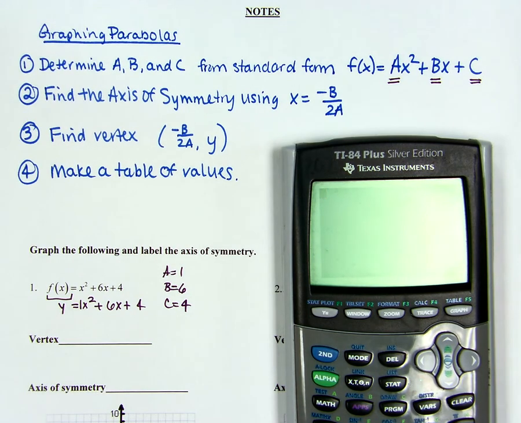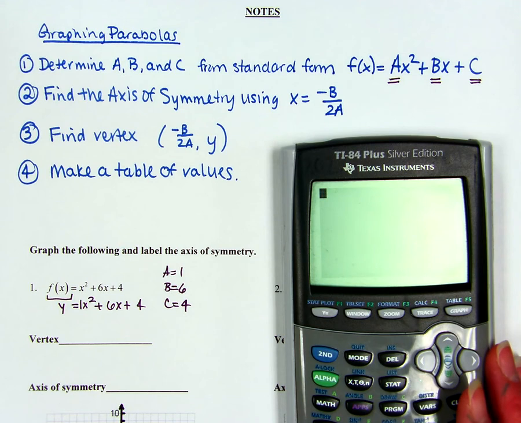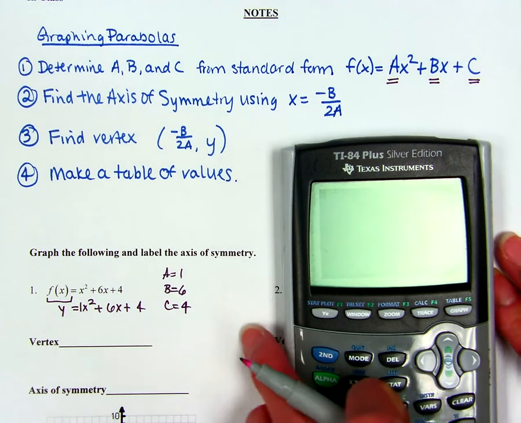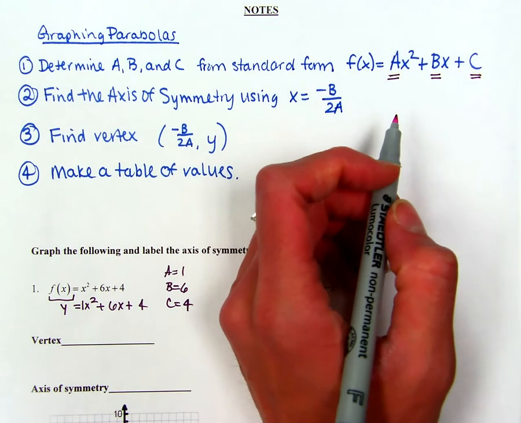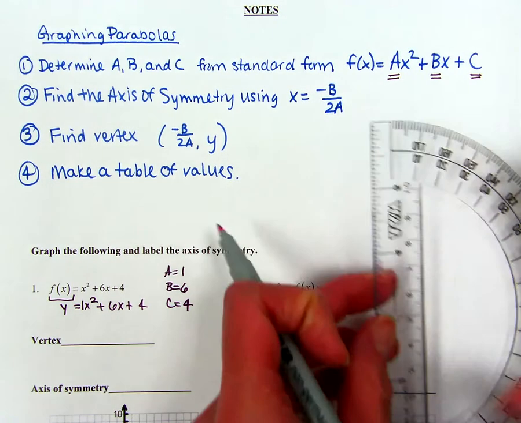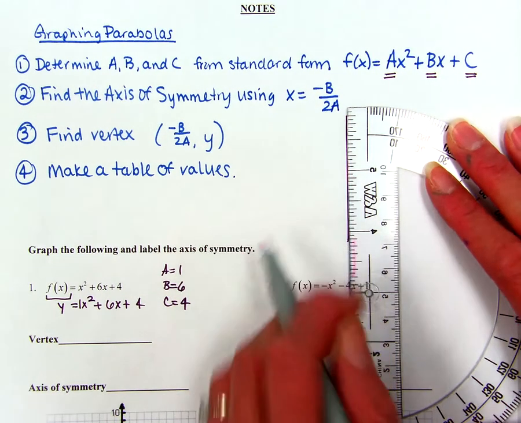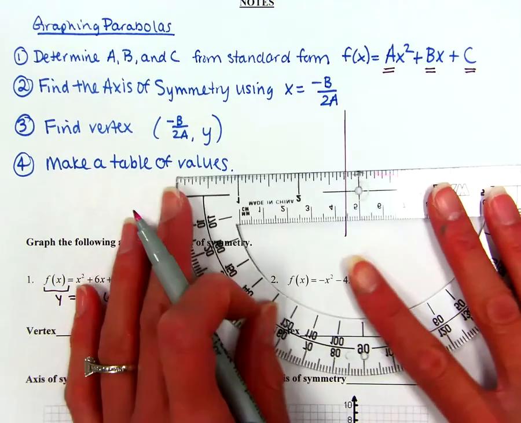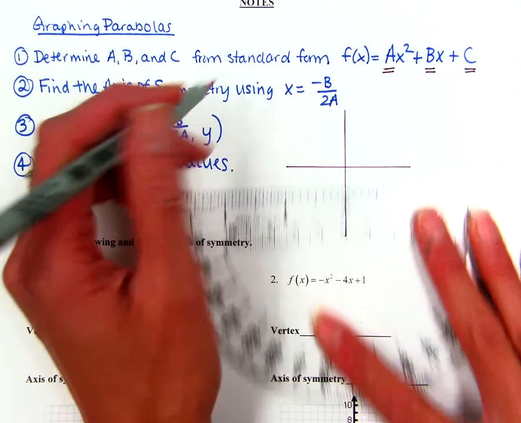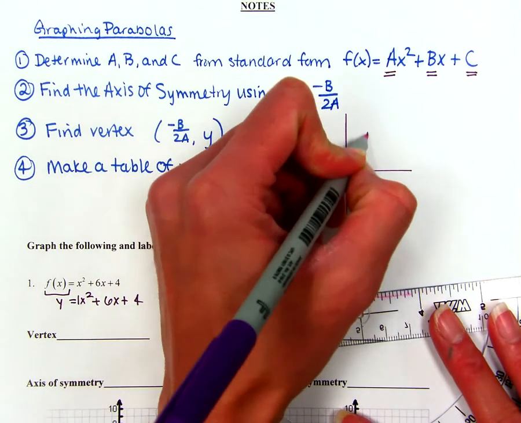So we're going to first start with the axis of symmetry. The axis of symmetry is a line that goes down the middle of your parabola that cuts the parabola in half. So I'm just going to draw a little diagram here. Let's say that you have a parabola that looks like this.